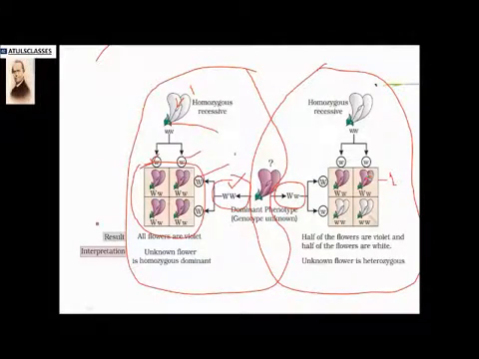So if the same type of character is shown, then we call it homozygous dominant, and if there is a ratio of 1:1 or 50-50%, then we call that character heterozygous. So by the test cross, the basic concept is that it has to be crossed with homozygous recessive. Okay, this is case 1 and this is case 2.